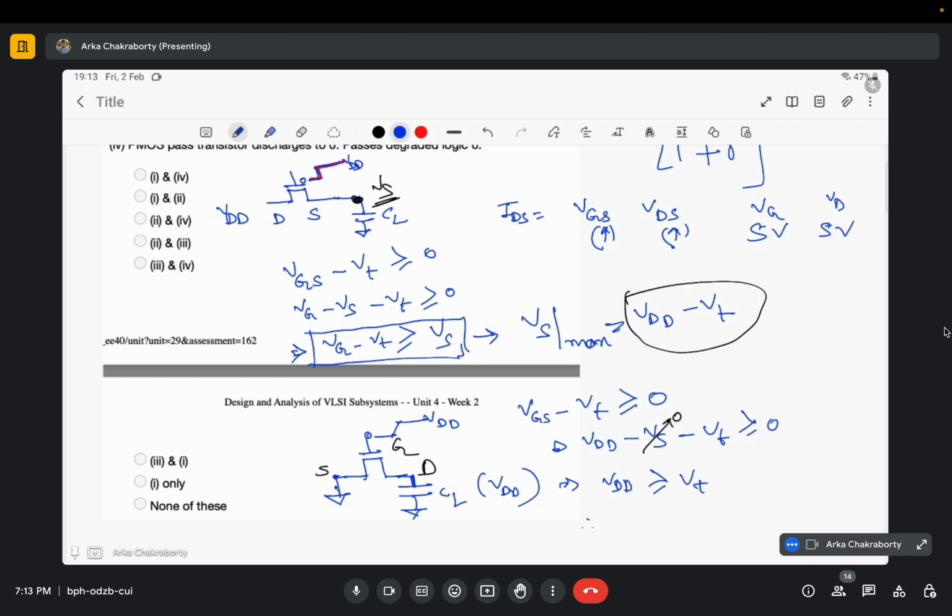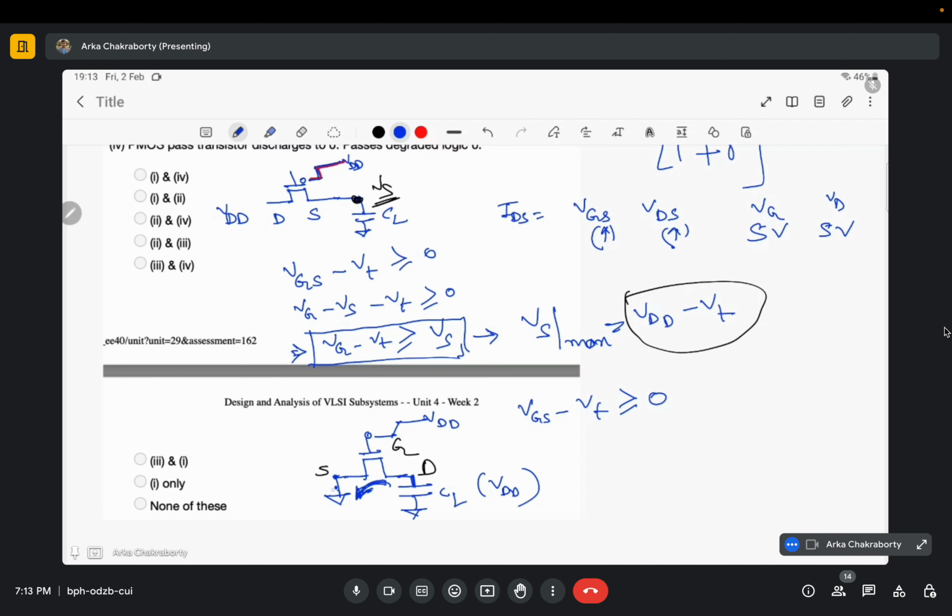VDD minus VT. See, what is happening here, I should not write it like this. My load capacitance is discharging from drain to source.